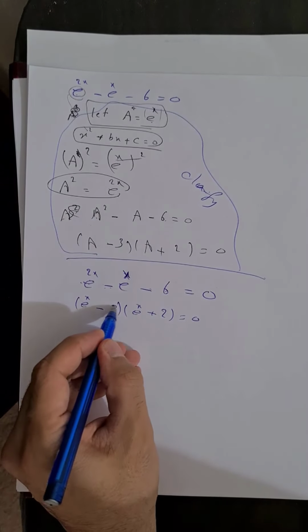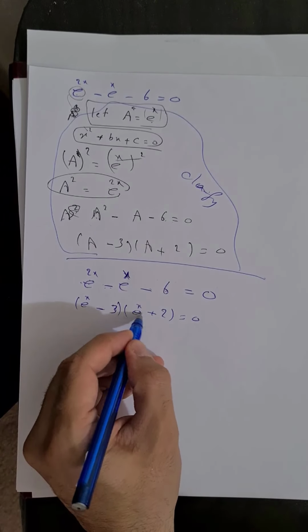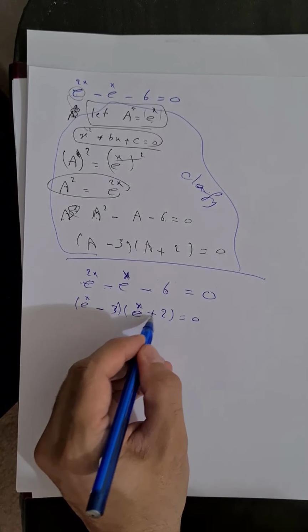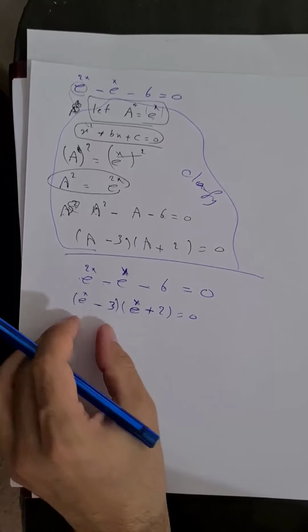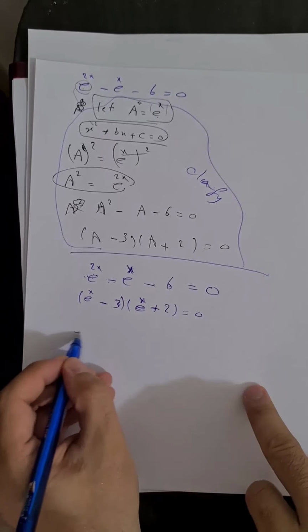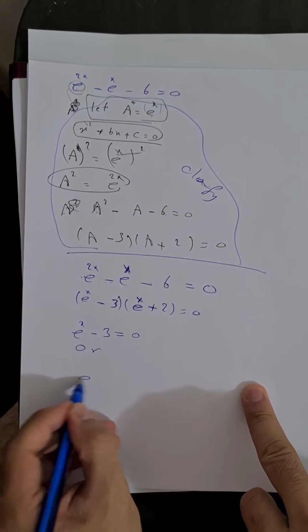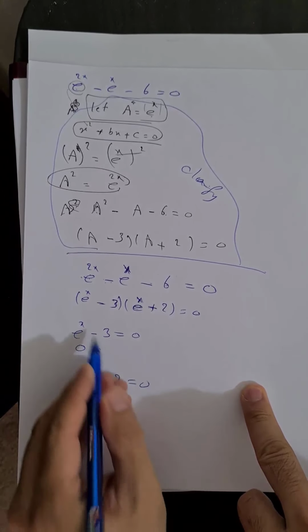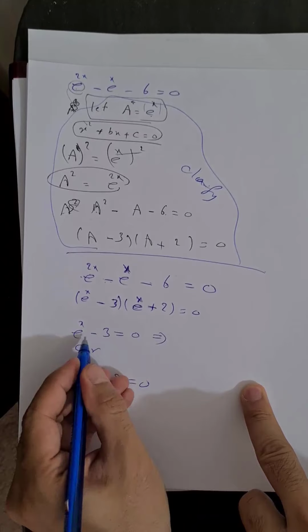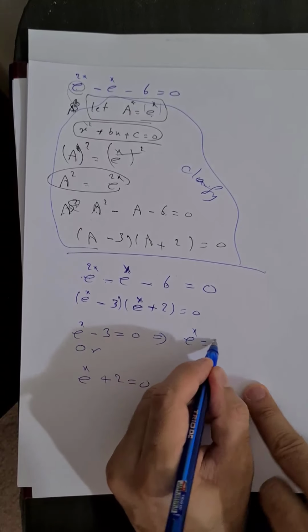So in this example I just think about it as a quadratic equation. So we have something like that. Now I have two brackets equal to 0, so e to the power x minus 3 is equal to 0, or e to the power x plus 2 is equal to 0. So from here e to the power x is equal to 3.